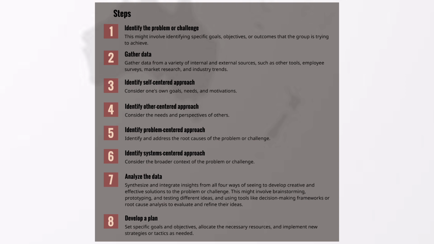Number 8. Develop a plan. Set specific goals and objectives, allocate the necessary resources, and implement new strategies and tactics as needed. By following these steps, you can use the 4 ways of seeing tool to analyze problems and challenges in a structured and effective way and develop creative and actionable solutions that lead to success.